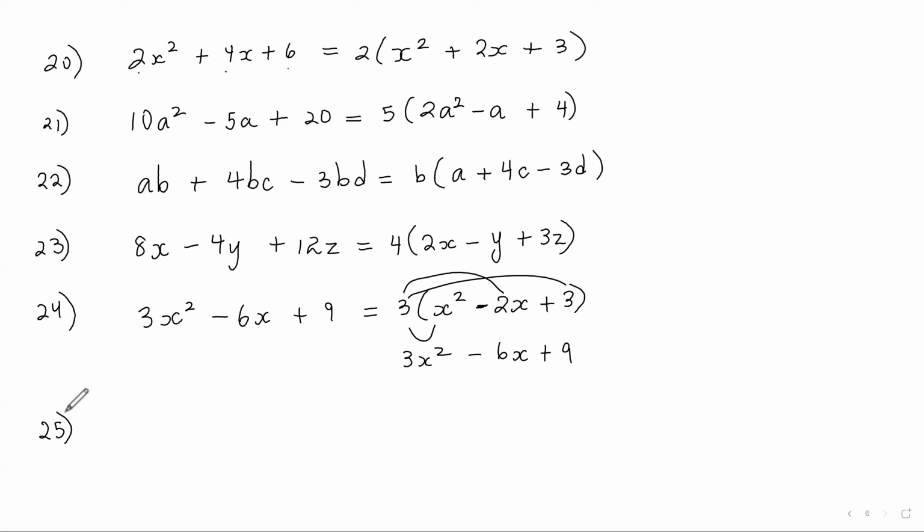What about 4a squared plus 8a minus 4? What's the common factor of all three? It's 4. Correct. Good. So 4 times what will give me 4a squared?